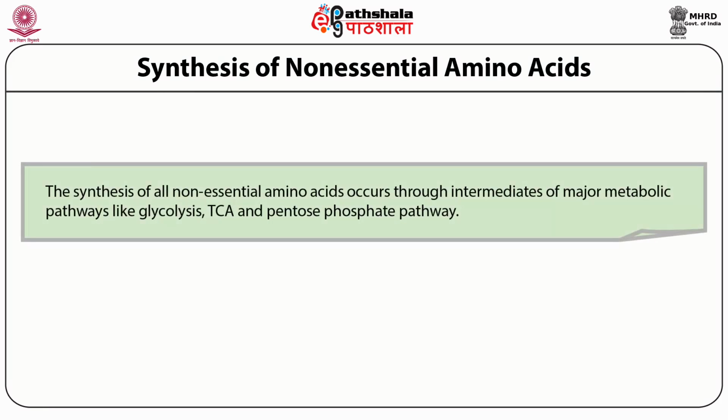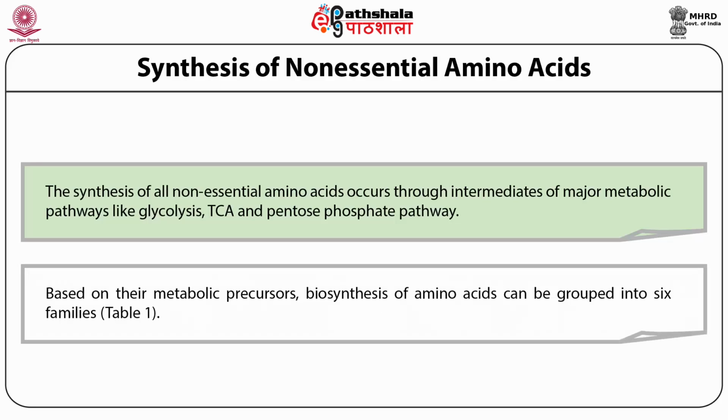The synthesis of all non-essential amino acids occurs through intermediates of major metabolic pathways like glycolysis, TCA, and pentose phosphate pathway. Based on their metabolic precursors, biosynthesis of amino acids can be grouped into six families.